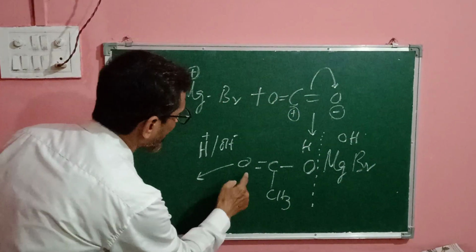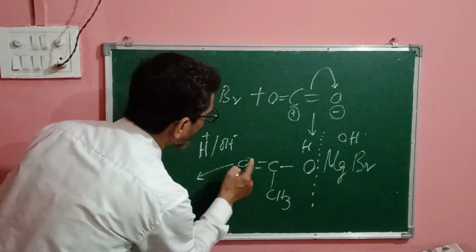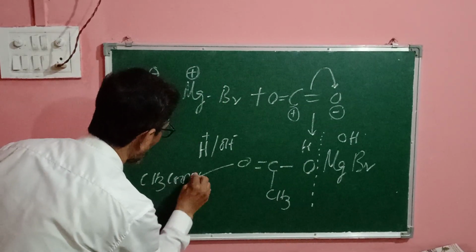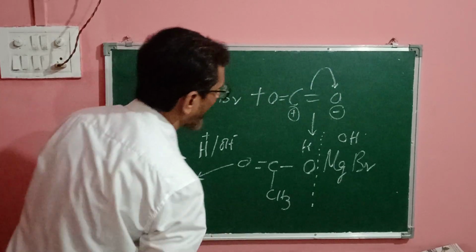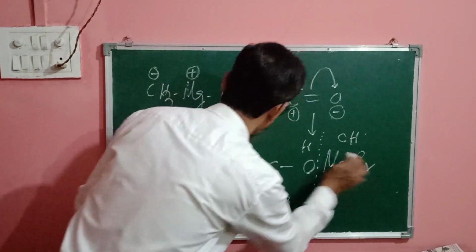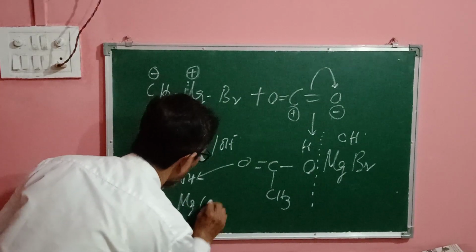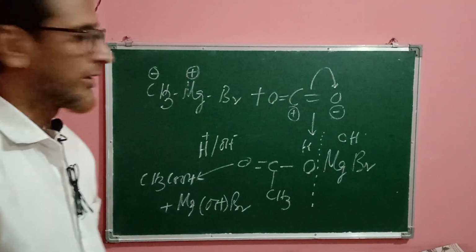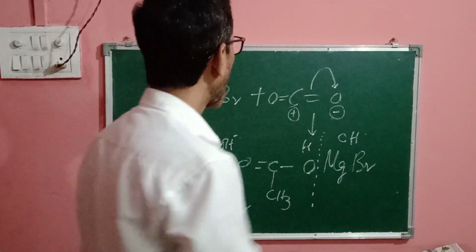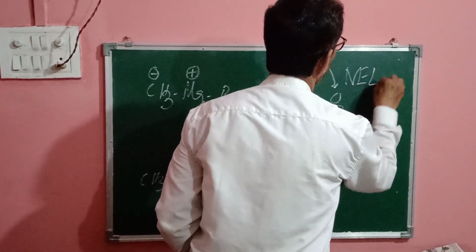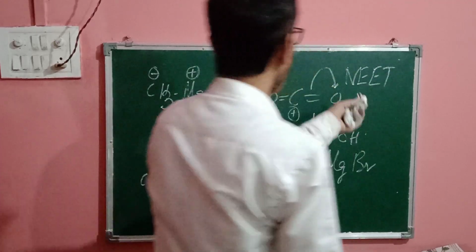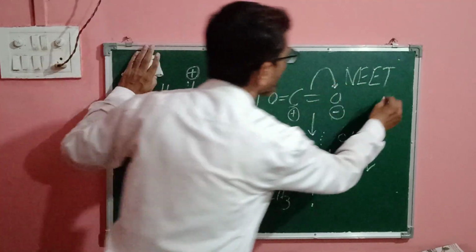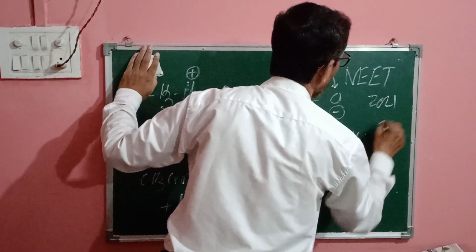So finally you are getting CH3 C double bond O OH, and the side product is MgOH. Very often this question is asked in NEET. If I am not wrong, this question has appeared in exam 2001, NEET 2021.